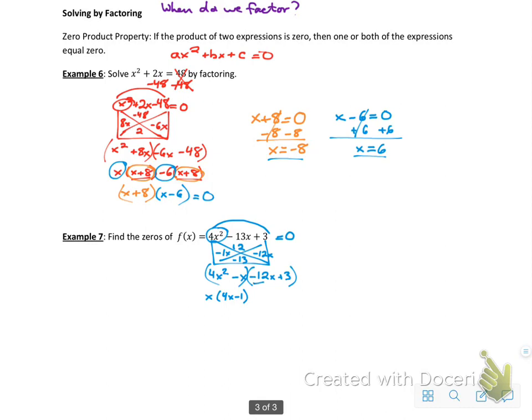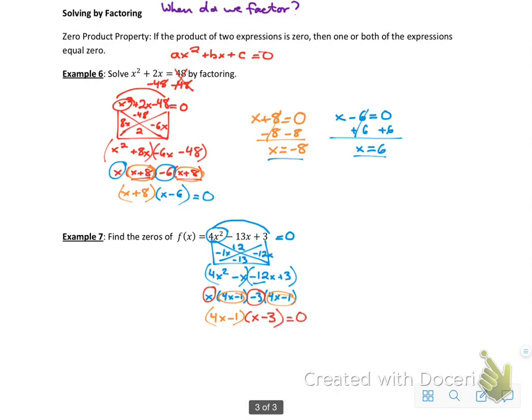Because this is negative 12, we take out a negative 3. And then we're left with 4x minus 1, which is exactly what we anticipate. Then, whatever's inside, that makes one factor. Whatever is outside, that makes the other.